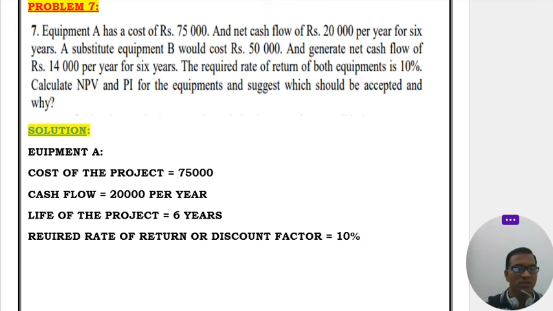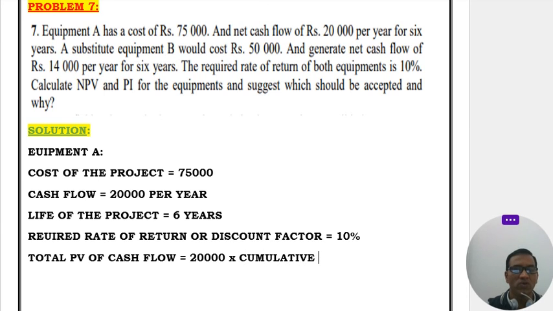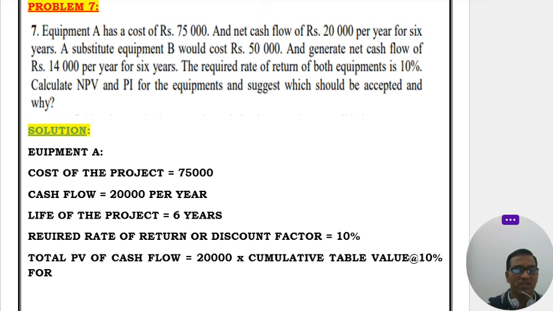So now I want total PV of cash flow, which is cash flow per year 20,000 multiplied with the cumulative table value at the rate of 10% for 6 years. For 6 years you have to take directly. That is how you will calculate.